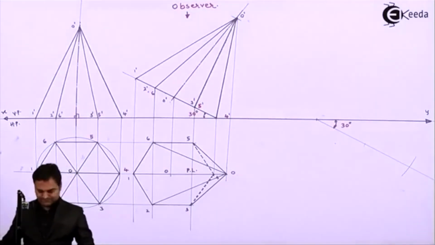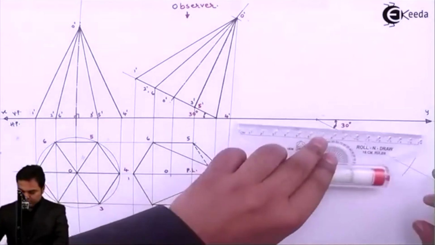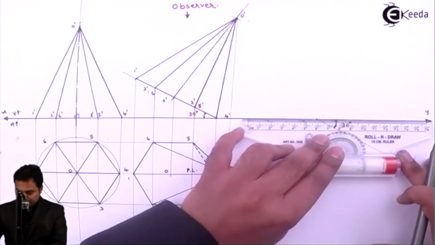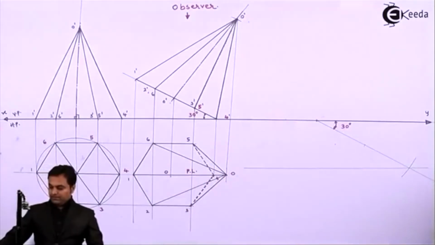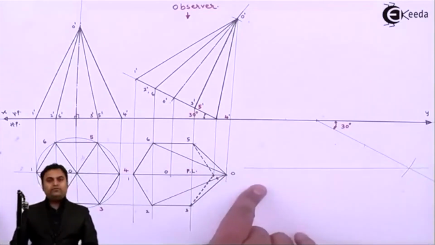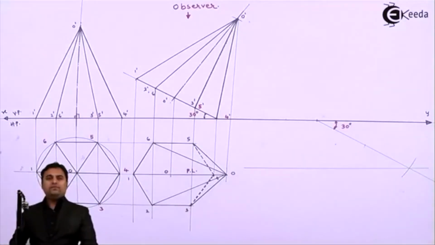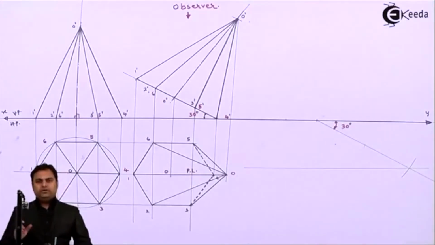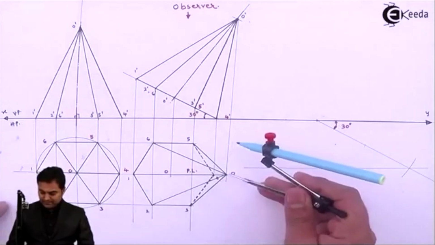Next, I'll draw a light horizontal line through this point. And then over this light horizontal line, which is called the locus, I'll mark the distance of the apparent length of the axis, which is there in the top view, which is this PL.